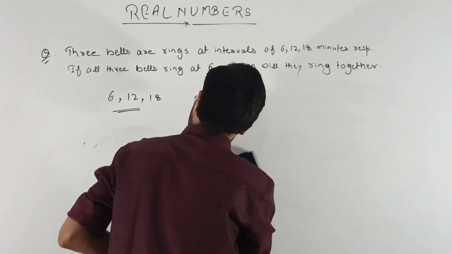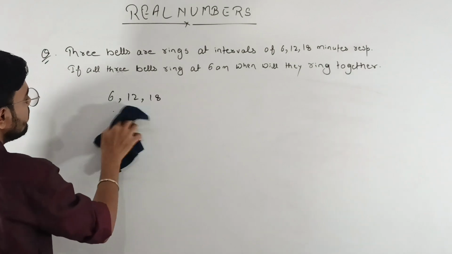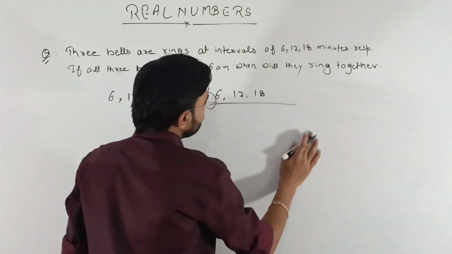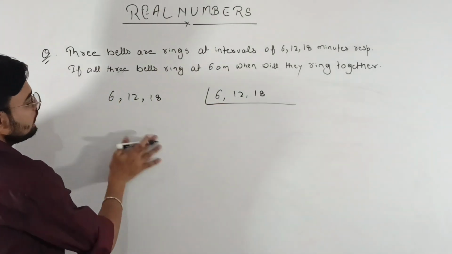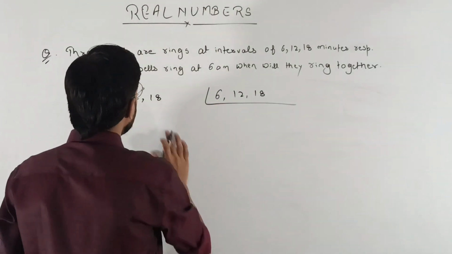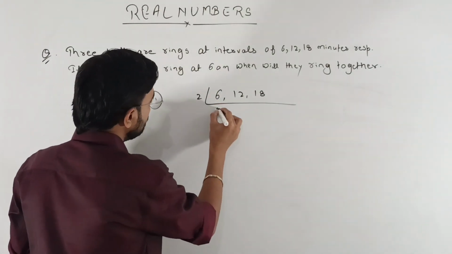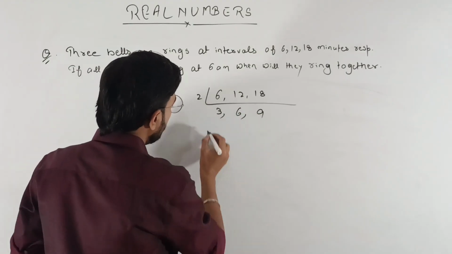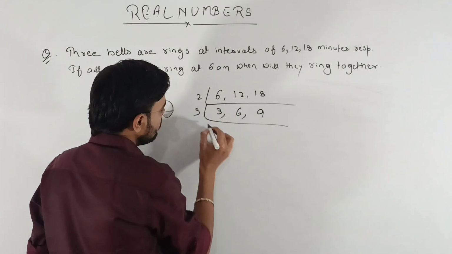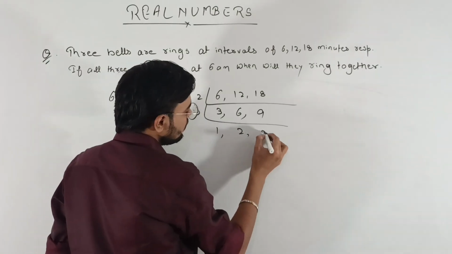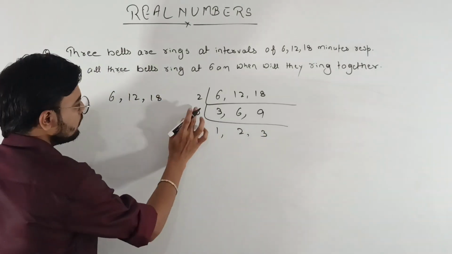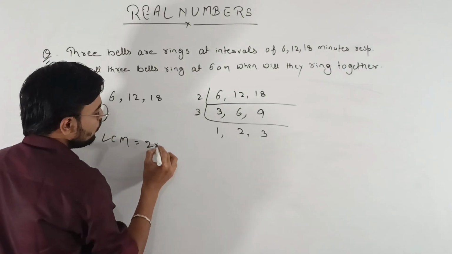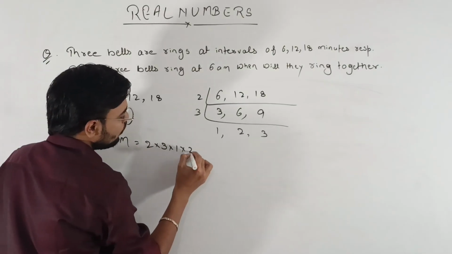Now for LCM, what do we do? We do prime factorization. I simply do 6, 12 and 18 at the same time for all three. 2 3s are 6, 2 6s are 12, 2 9s are 18. Now 3 1s are 3, 3 2s are 6, 3 3s are 9. From here LCM is equal to 2 into 3 into 1 into 2 into 3.